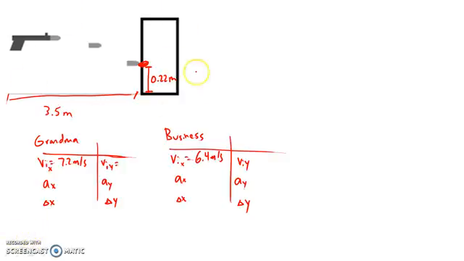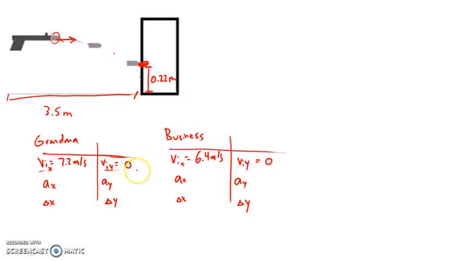So looking at this problem, as soon as the bullet leaves the gun, it becomes a projectile motion problem. The only force acting on it is the force of gravity. So we can apply the kinematic equations. So the grandma, it says in the document that her gun is fired at 7.2 meters per second. Now I'm going to assume that the guns were fired horizontally, which means the initial velocity is only in the x direction.